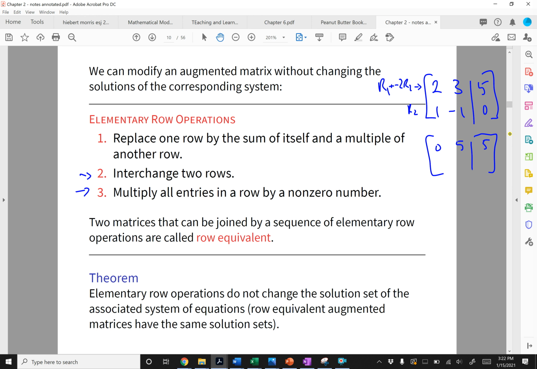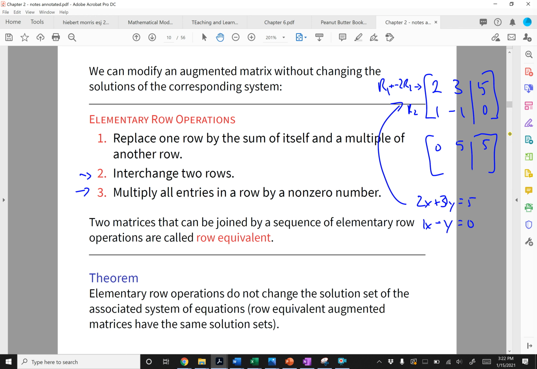So if I had done the other one correctly, oh, yay. 2x plus 3y equals 5. 1x minus 1y equals 0. This is the same as that, right?